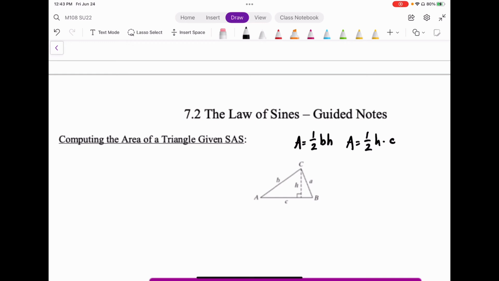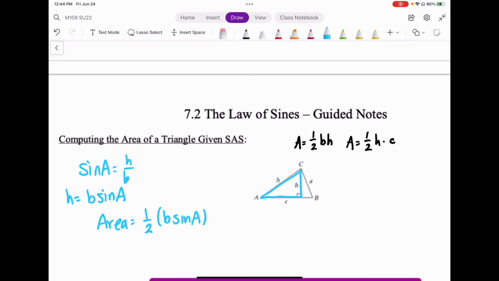Recall earlier from the triangle that we had here that the sine of A was equal to H over B, or H was equal to B sine A. Then we could calculate the area by saying the area is equal to 1/2 B sine A times that base of C.